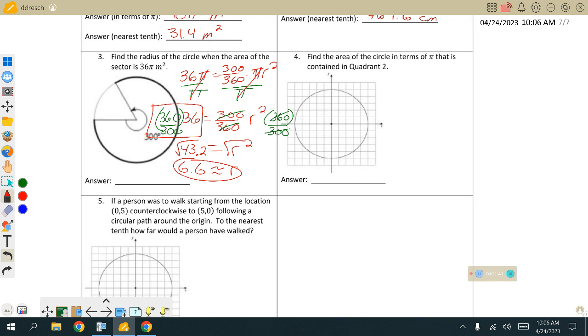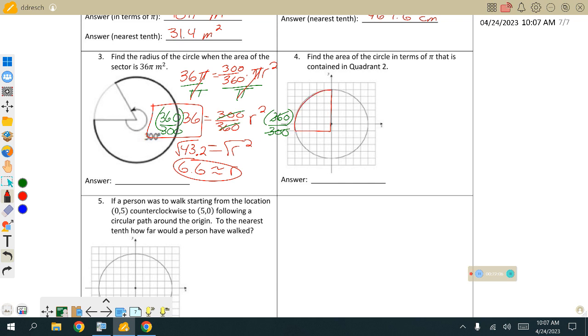Top left. Now when they say the area that's contained in quadrant 2, what are we actually talking about here? Talking about a quarter, which represents what? Arc length, area of a circle, sector of a circle? Sector. It's a sector problem. Does it say sector? No, but what it is representing is a sector problem.